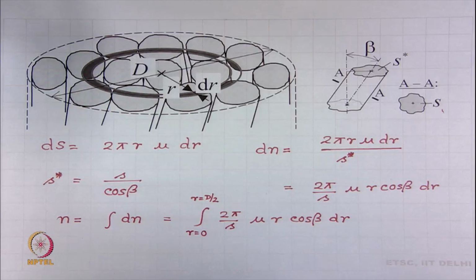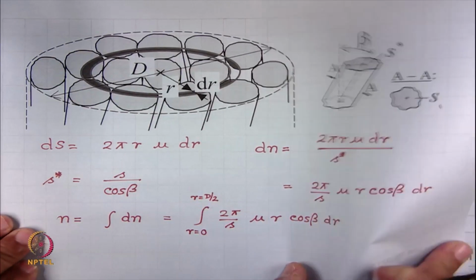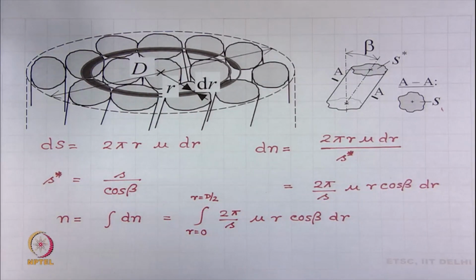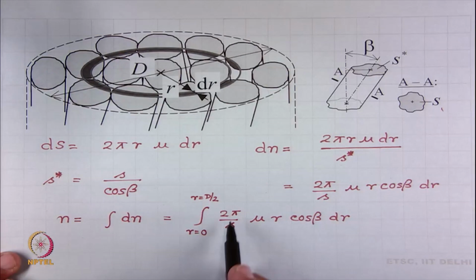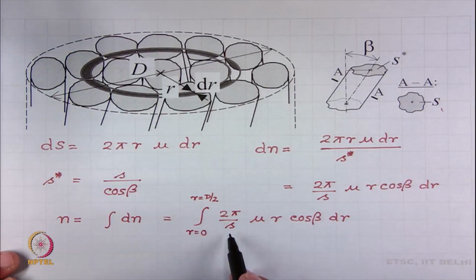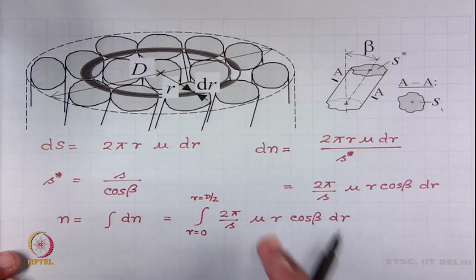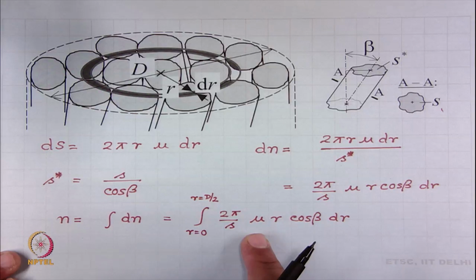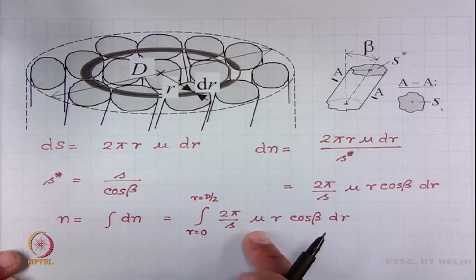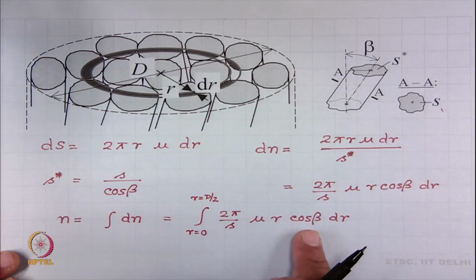How are they related? Okay. Before going to that, this 2 pi is constant, small s is the fiber cross section area, also constant, mu we assumed constant because of the fourth assumption. So, r is a variable and beta is also a function of r.